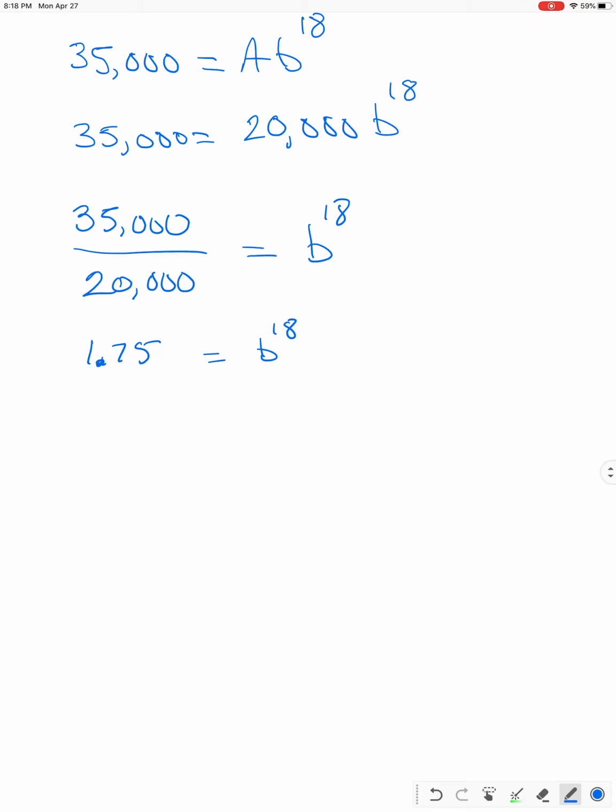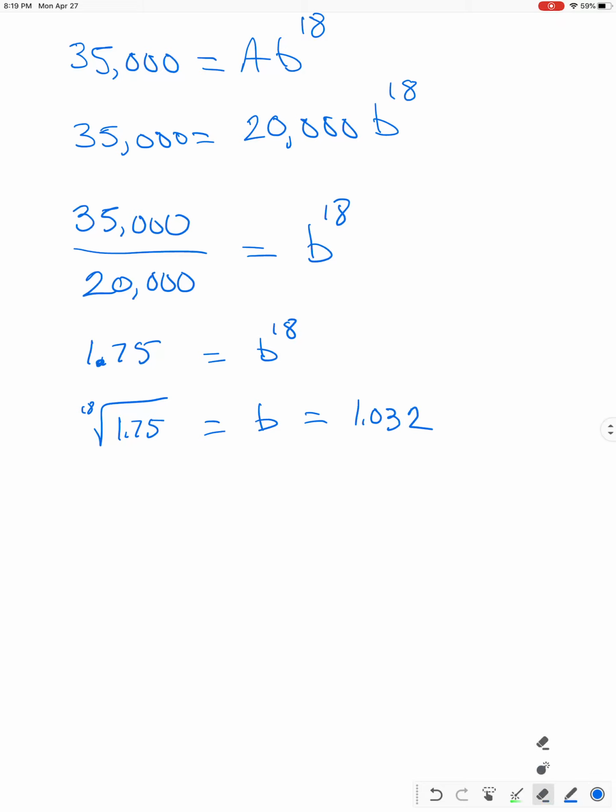To find out what b is, we take the 18th root of both sides. So b is equal to the 18th root of 1.75. I'll type that in my calculator, and b is approximately 1.032 if I round it.